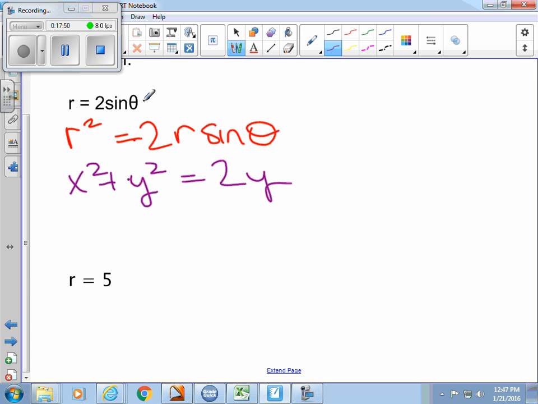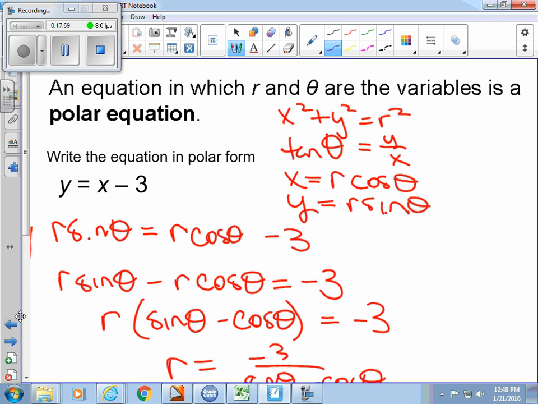The question: is this equation nicer in polar or rectangular coordinates? Polar. This equation was nicer in rectangular coordinates. You can see where this is leading us with calculus: which one's easier to integrate, which one's easier to differentiate. Where would we want to land on which coordinate system would be easier for us to work with?